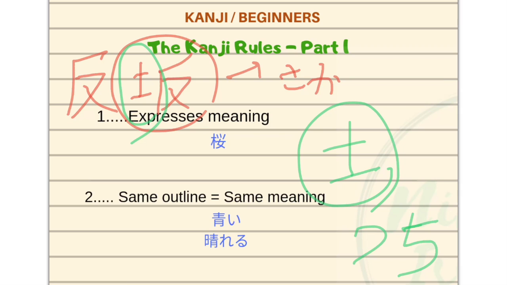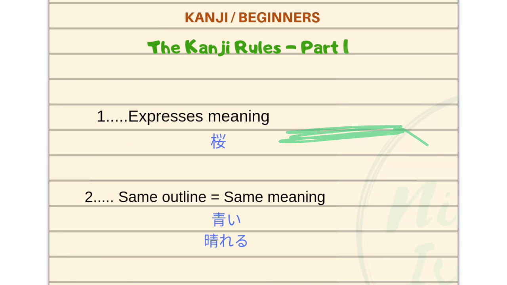So this is a bend on the earth. This is the earth and this is a bend on the earth, and this bend is called a slope. So this is how we can remember this kanji saka or slope.